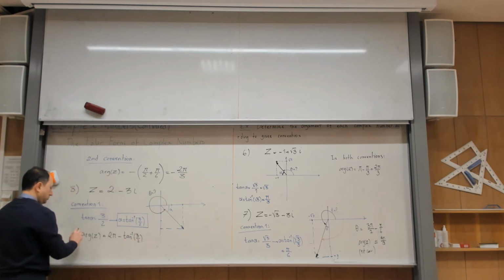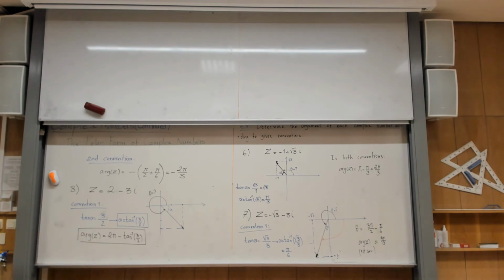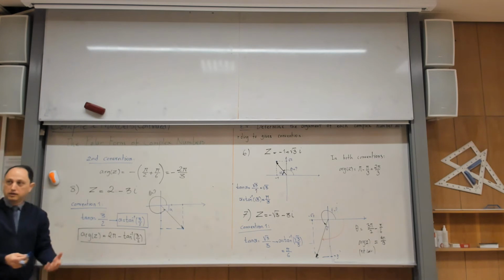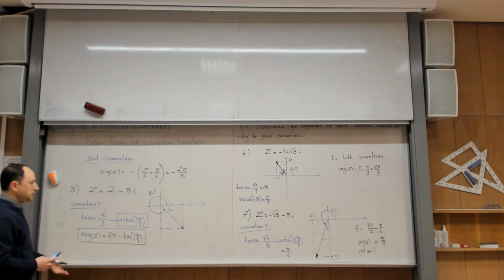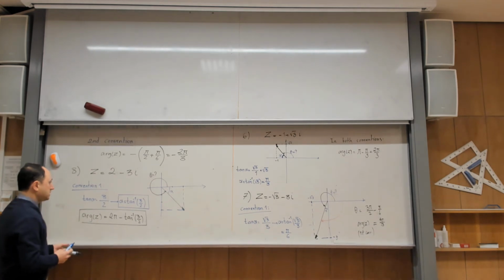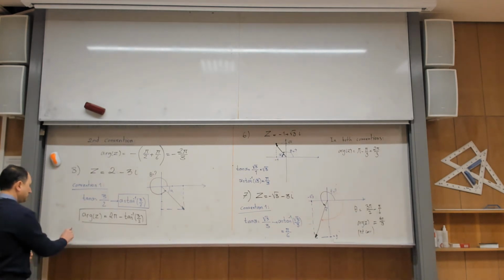So that is the argument in the first convention, its exact value. If you want to do approximations, you put these numbers in the calculator, you get some approximate value. Okay, but if I want to do the same thing in convention 2, what is the answer? So convention 2, can you tell me what is the answer?